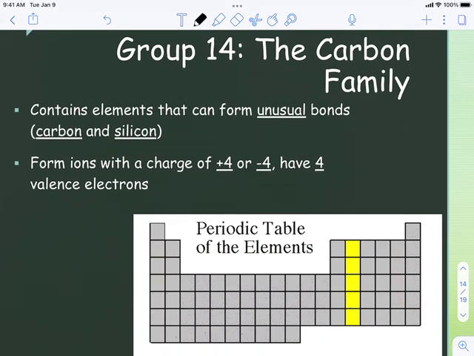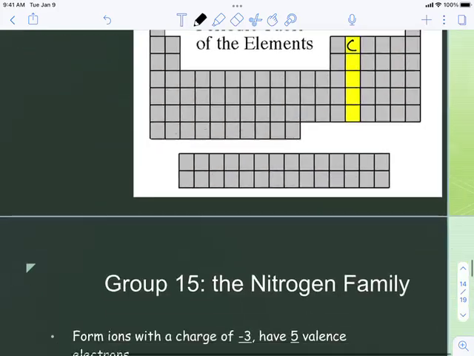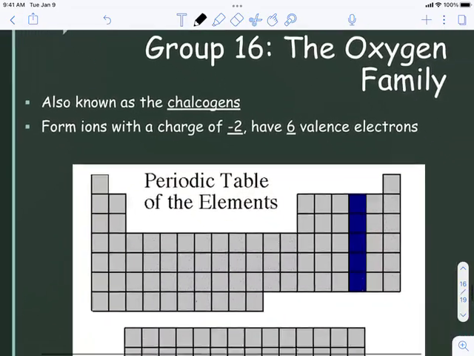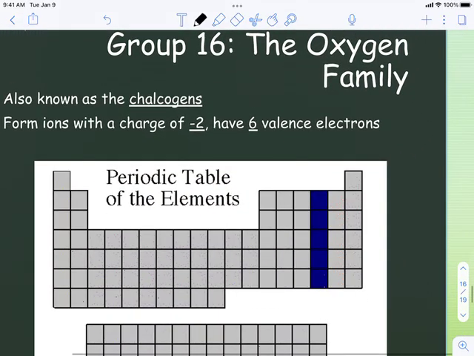It's the carbon family because it starts with carbon. Not terribly worried about that. Same idea with group 15, starts with nitrogen, so it's called the nitrogen family. 16, likewise, we also do give it another name, the chalcogens. You might hear that a couple times, but not crucial for us.